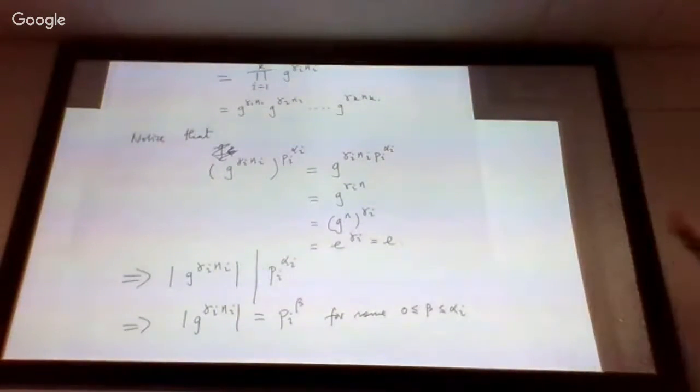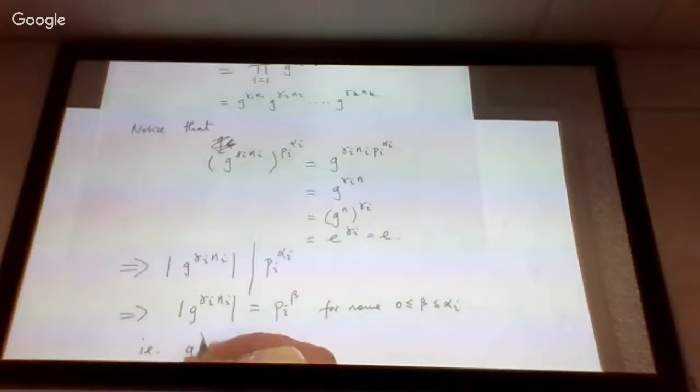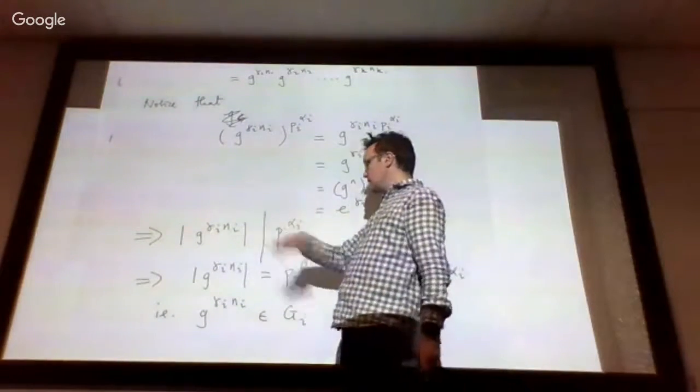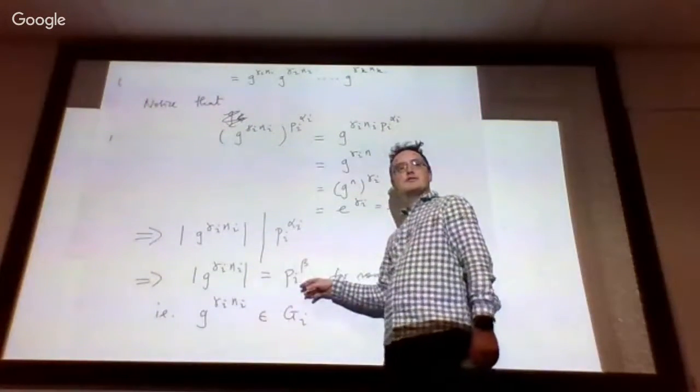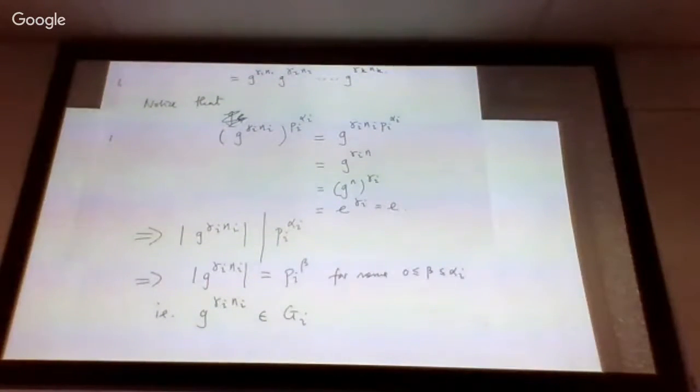So it's some power of p_i. So that means, i.e., g to the gamma_i m_i is an element of the ith primary component. The ith primary component contains all the elements from the enclosing group G that have order some power of p_i.